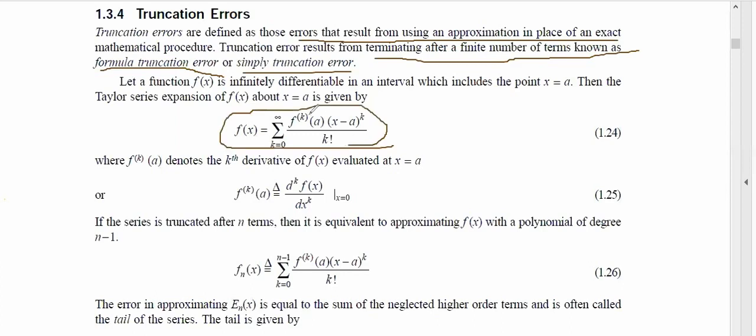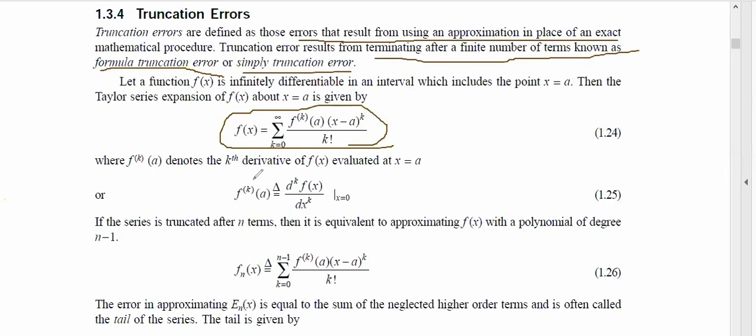This is the kth derivative at the point a, where f^(k)(a) denotes the kth derivative of f(x) evaluated at x equals a. Or f^(k)(0) equals d^k f(x) over dx^k at x equals 0.